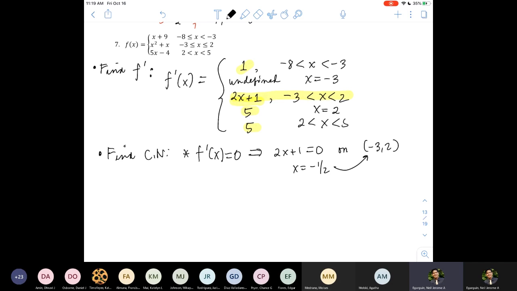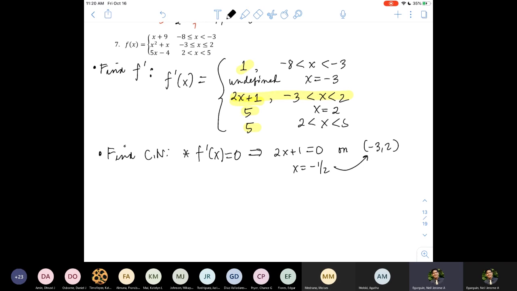If the x value we got was, say, 5, but 5 is not on the interval -3 to 2, then 5 would not qualify as a critical number. But here, x equals -1/2 belongs to the interval, hence it is part of the set of critical numbers.